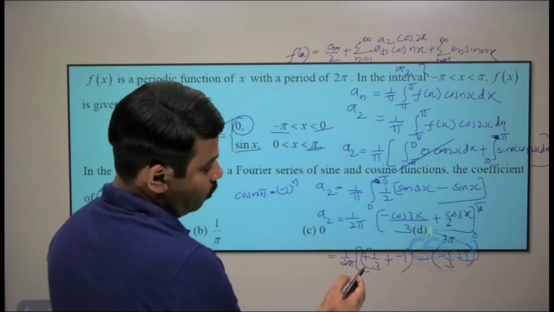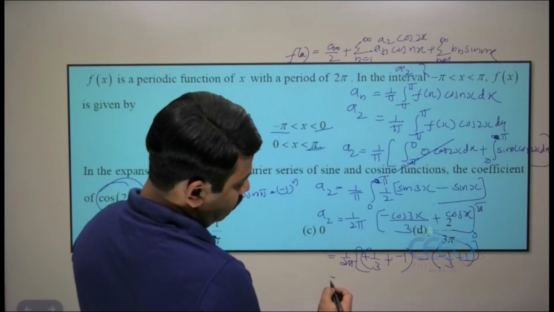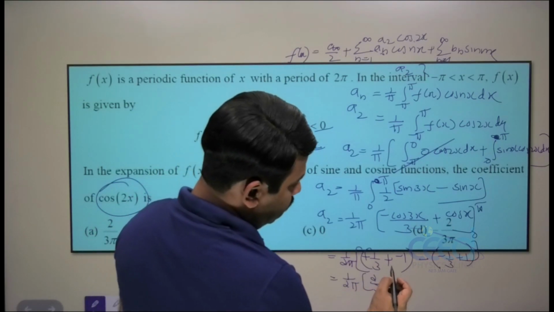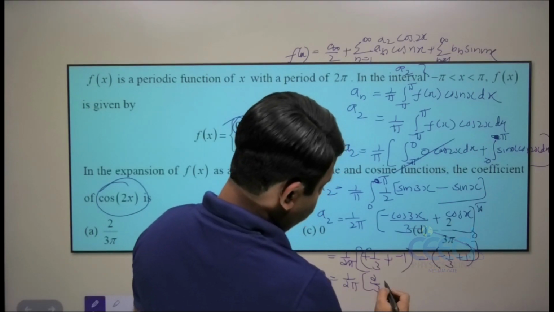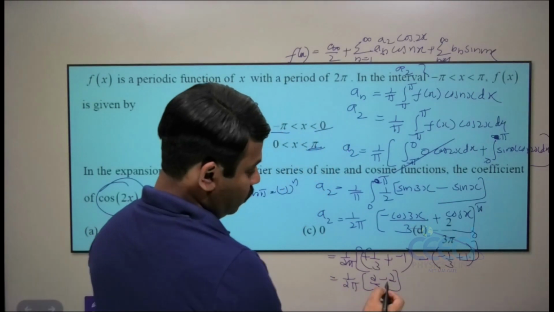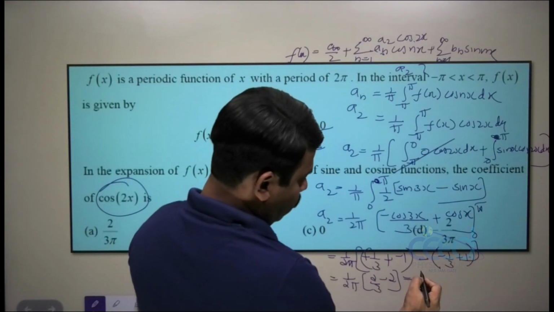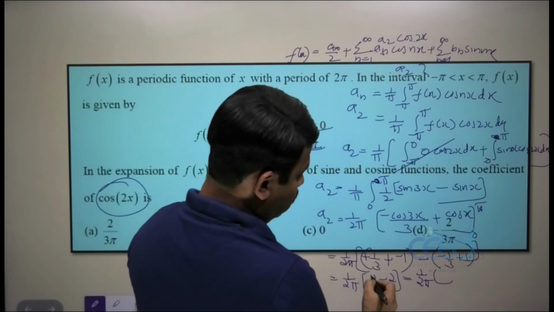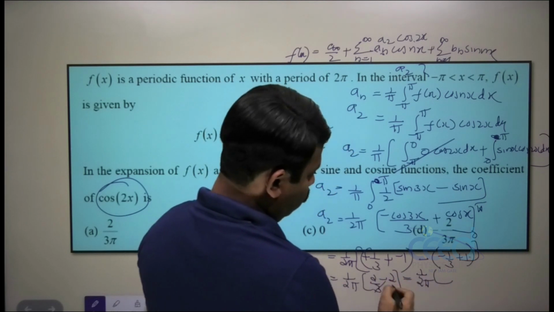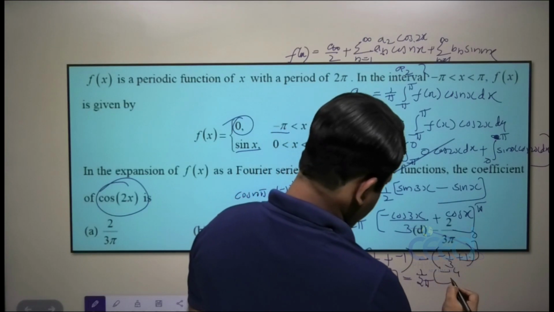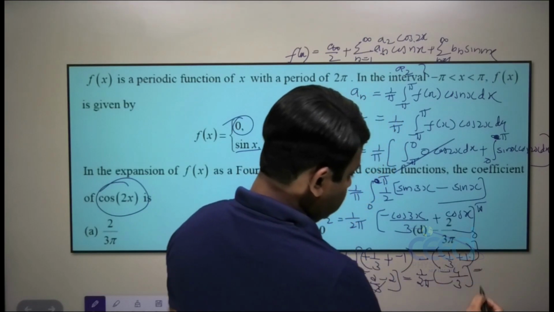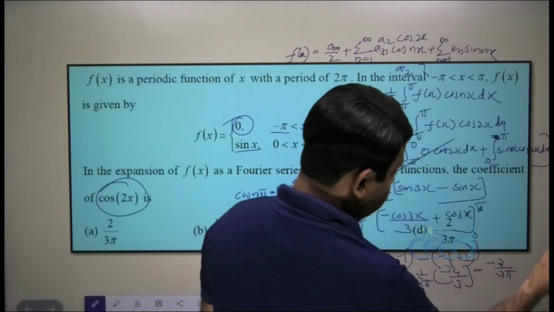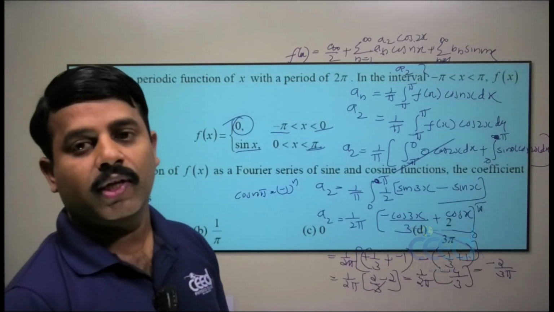Now 1 by 3 plus 1 by 3 is 2 by 3, and we have minus 1 minus 1, that is minus 2. Then 1 by 2 pi into 2 by 3 minus 2, that is minus 4 by 3, which gives minus 2 by 3 pi. Minus 2 by 3 pi is the answer.